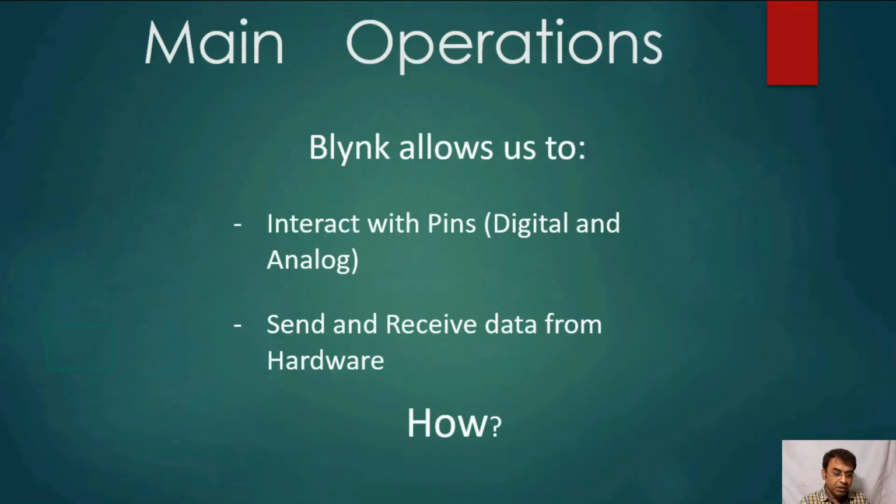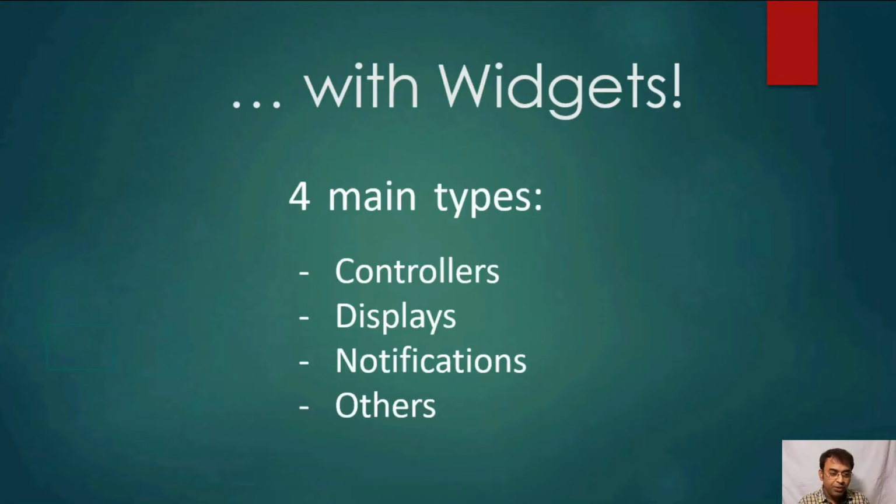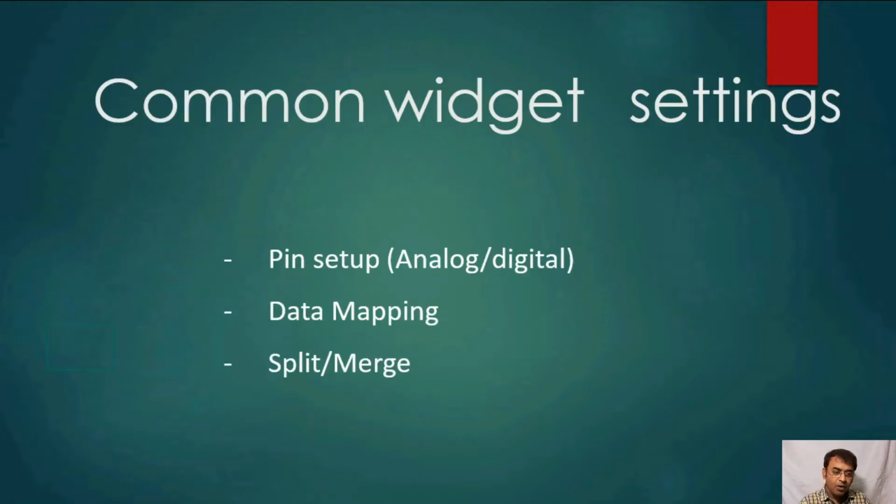Main operations. Blynk allows us to interact with pins like digital and analog, send and receive data from hardware. But how? With widgets. Four main types: controllers, displays, notifications, and others. Common widget settings: pin setup, that means whether it is analog or digital.